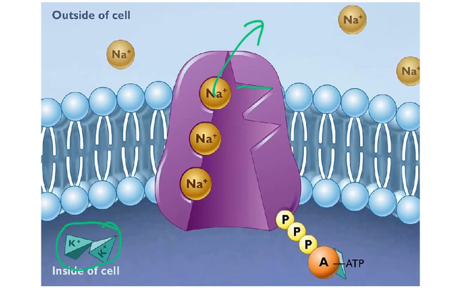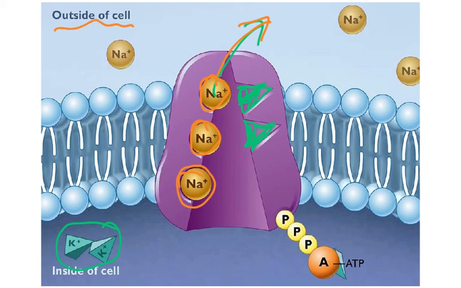So you see these are the 2 potassium sites here and here. So it has places where the sodium fits, and you can see in these diagrams the sodium fits in here, and then the three sodium are thrown out of the cell.